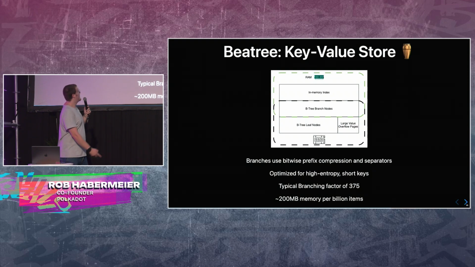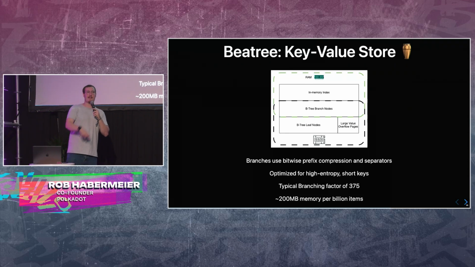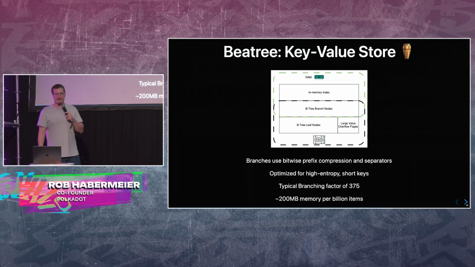We keep a high-level in-memory index that's not stored on disk, that indexes into B-tree branch nodes, which are stored both in RAM and on disk. And we have B-tree leaf nodes, which only exist on disk, and large value overflow pages. We support values up to the gigabytes range, should you need that for some reason.